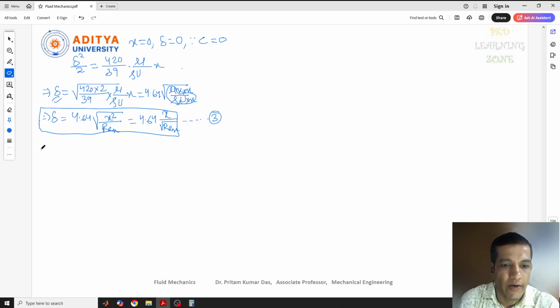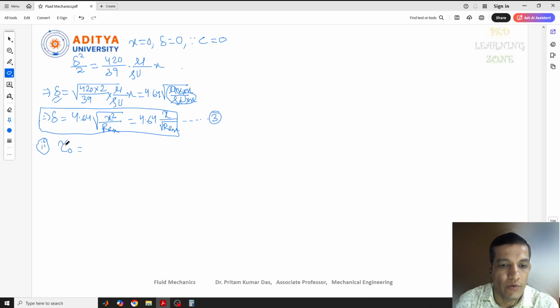Similarly, what we need to find out next is the shear stress. So the shear stress value tau naught. We know that tau naught equals what? We got the equation previously. Here, if you see, the delta value is there and the x value in terms of the Reynolds number is there.